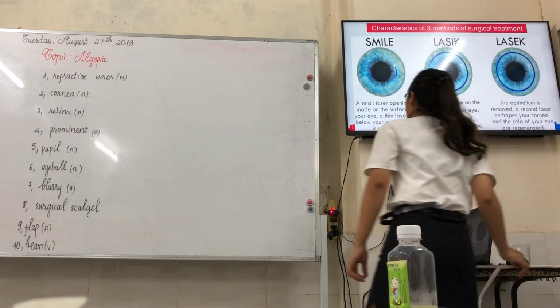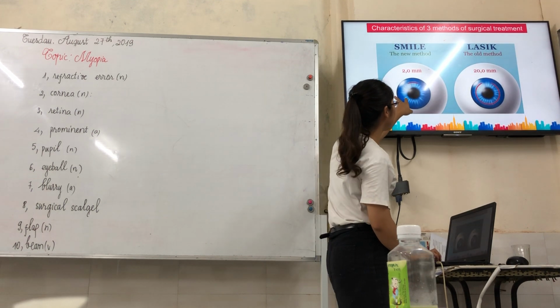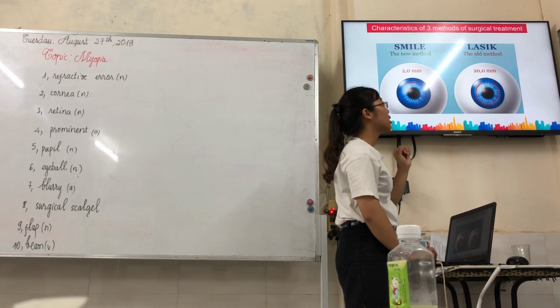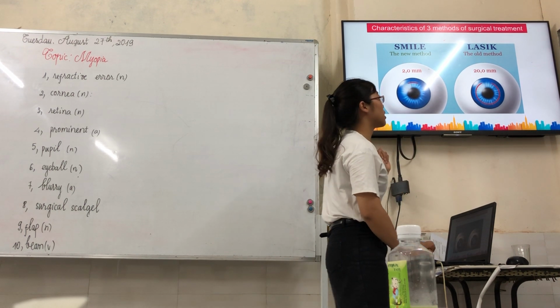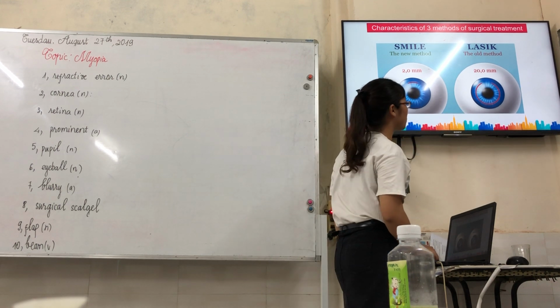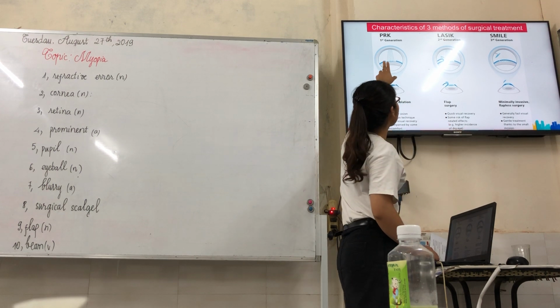Yes, you can see that, a thin layer, and you can imagine that 20 millimeters is 2 meters. So it means that the patient has a long time to recover, and you can see the PRK.